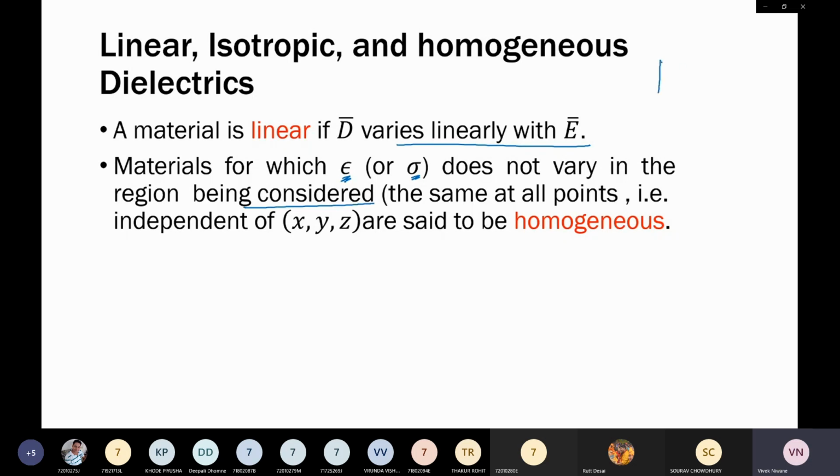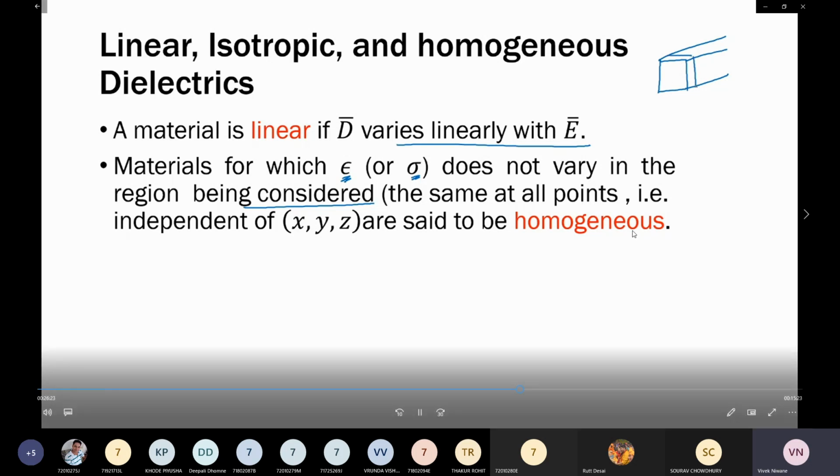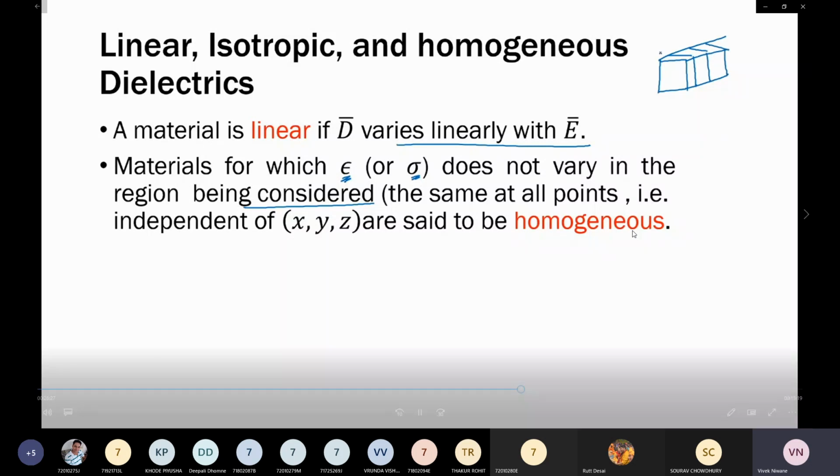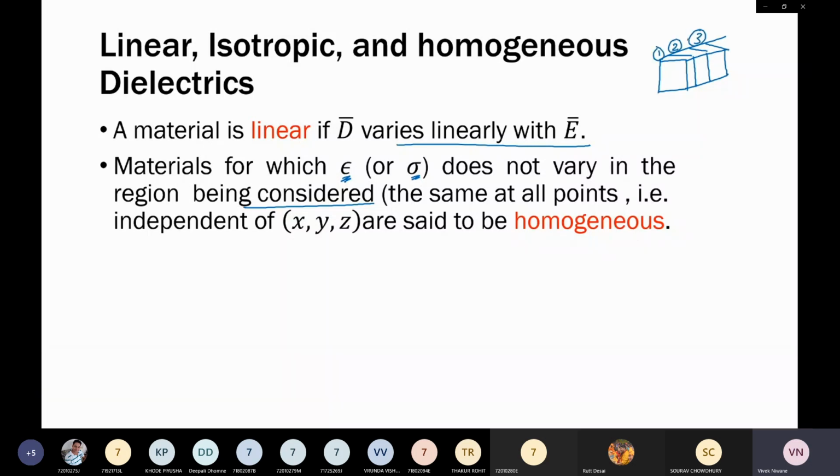Suppose you have a rod, and inside the rod I make some sections: first section, second section, third section. Let us consider the first region only. Here its permittivity or conductivity should be the same in the region being considered, the same at all points, that is, independent of x, y, z. Such materials are said to be homogeneous.